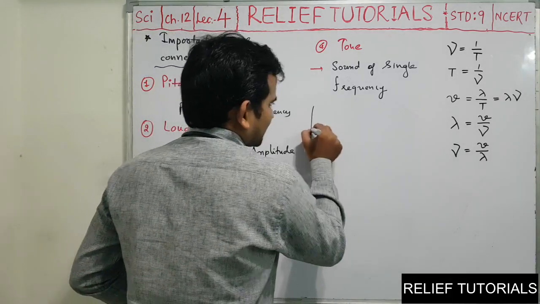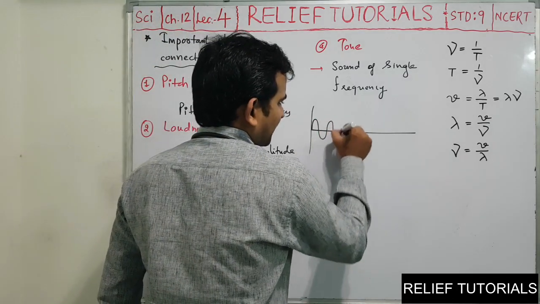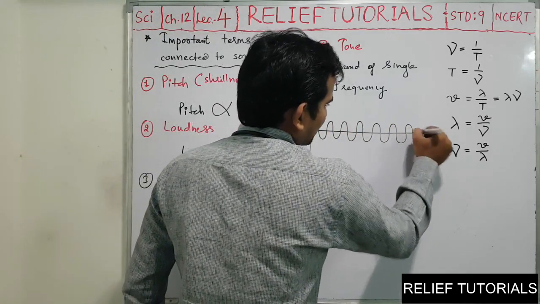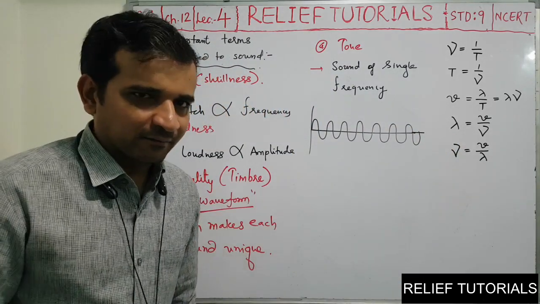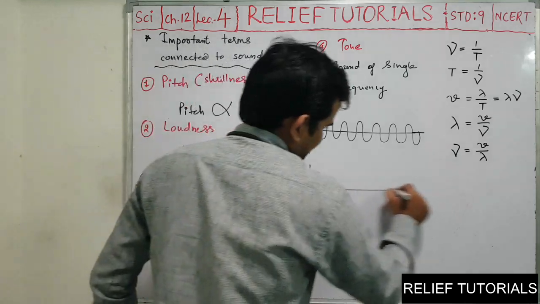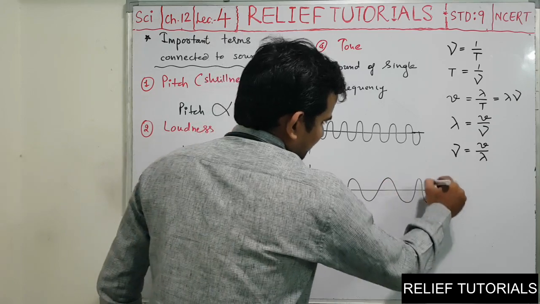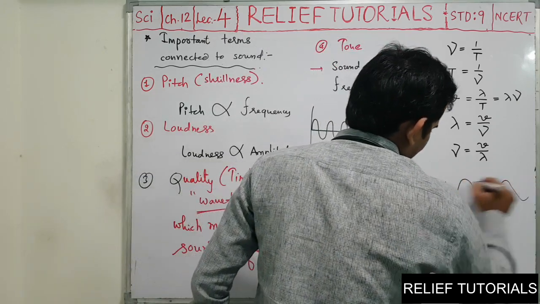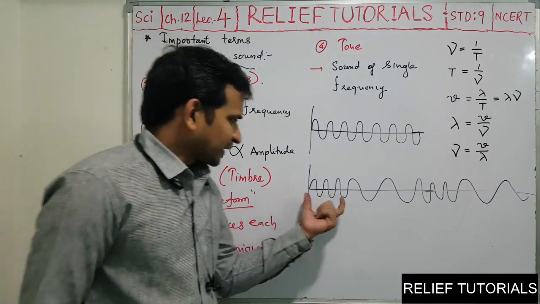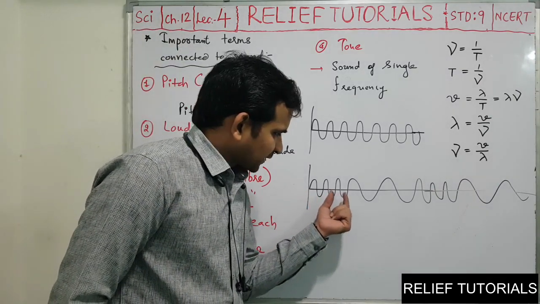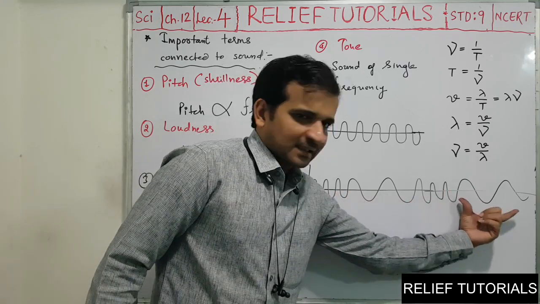Let us say one of the musical instruments is playing, and the wave is like this, having a uniform wave formation. Here the frequency remains the same everywhere. If it is like this, you can see that here the frequency is very high, here it decreases, again it is high, again it decreases.